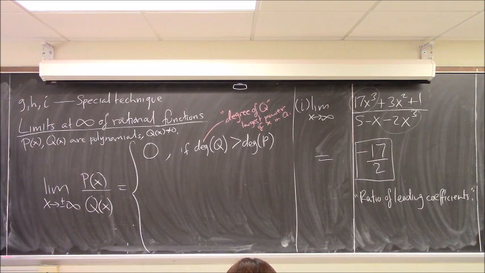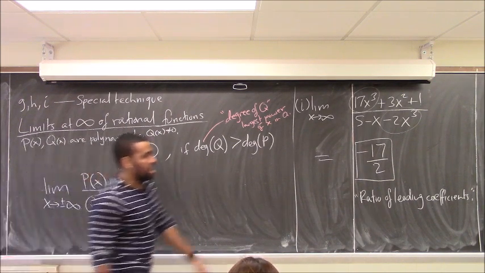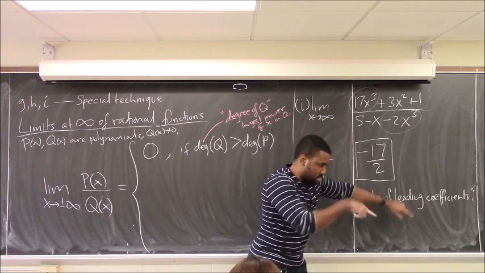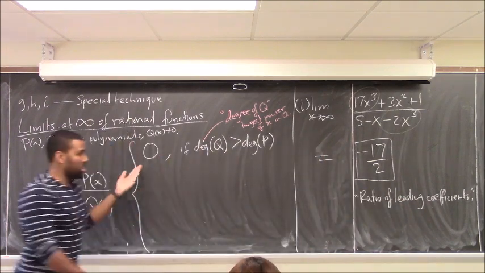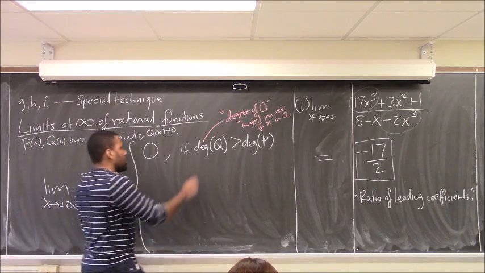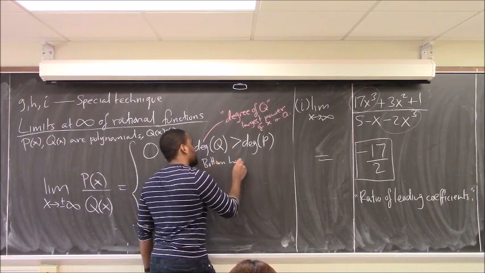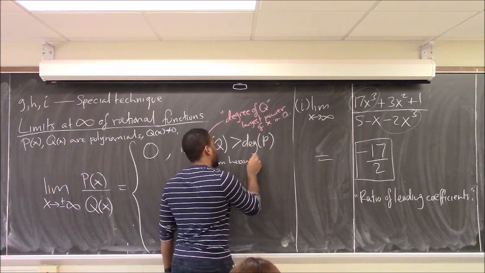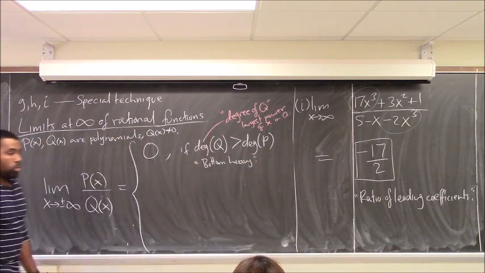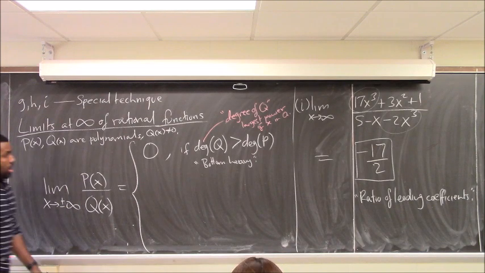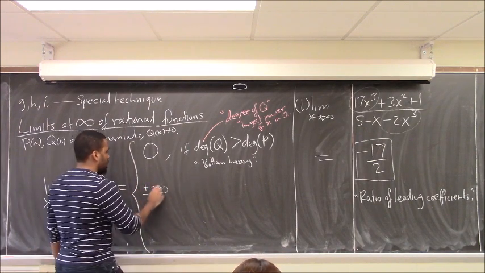You don't even have to think about it, really. The calculations would be what I showed you over here by dividing everyone by the denominator, but that's what it's always going to end up being, and we call these bottom heavy.